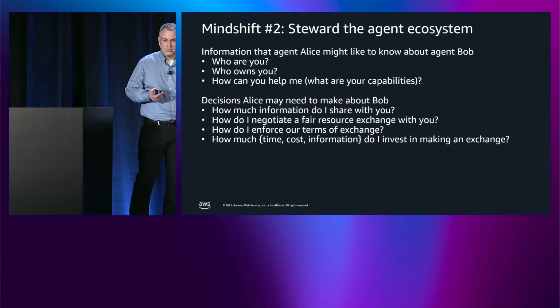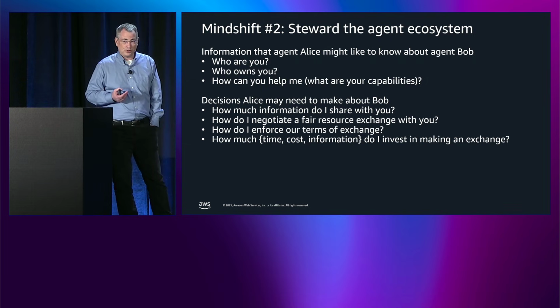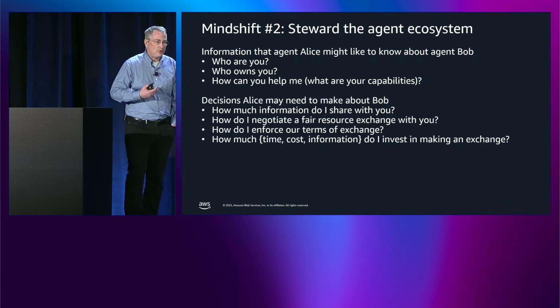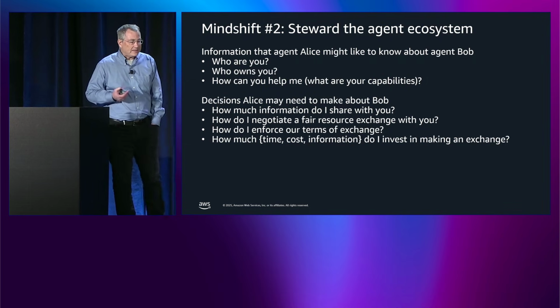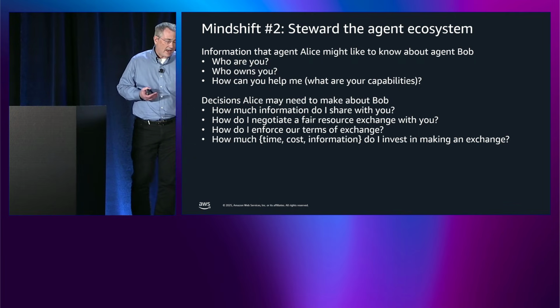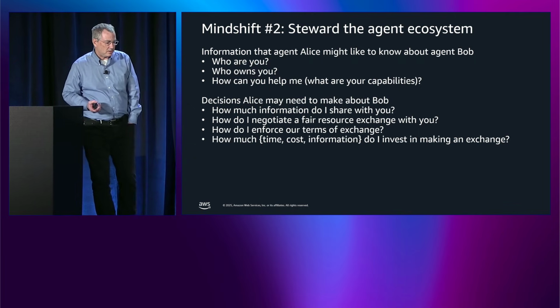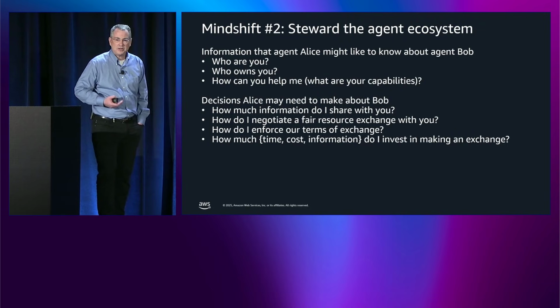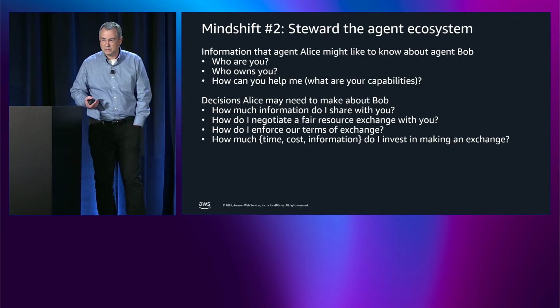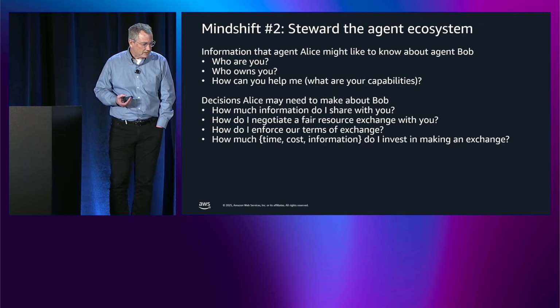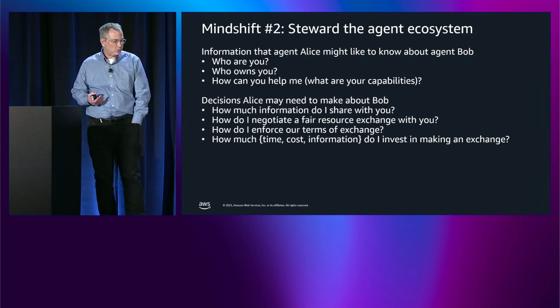Who are you, right? Who owns you? How can you help me, right? And the reason for this is because Alice is there to do actual work, and there are decisions that she needs to make, right? How much information do I share with you, right? That does matter. How do I negotiate a fair resource exchange with you?